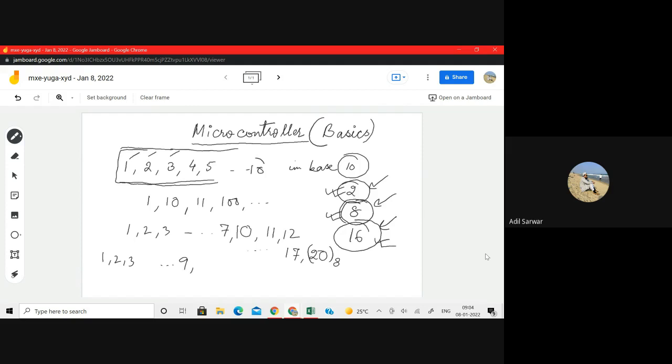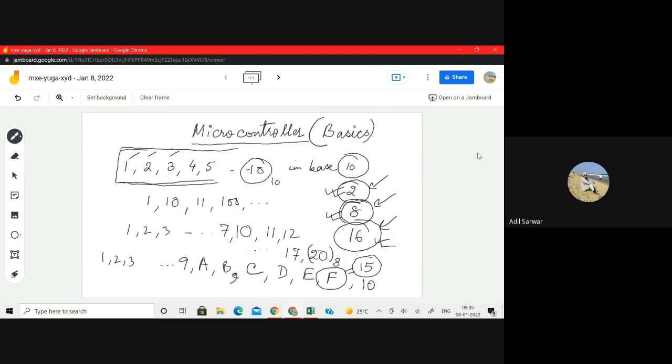In hex, I will write it as A, and then B, C, D, E, and F. So F basically represents the number 15 in decimal. And when I reach 16, it becomes 1 0 in hex.